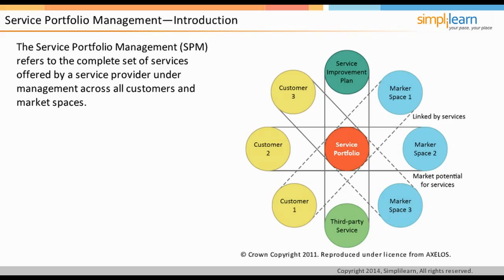In other words, service portfolio is services catering to a specific market space. Changes to portfolios are governed by policies and procedures. The service improvement plan is for the third-party services to gain more customers as per their market space or the line of service. In the next screen, let us discuss purpose, objective, and scope of SPM.